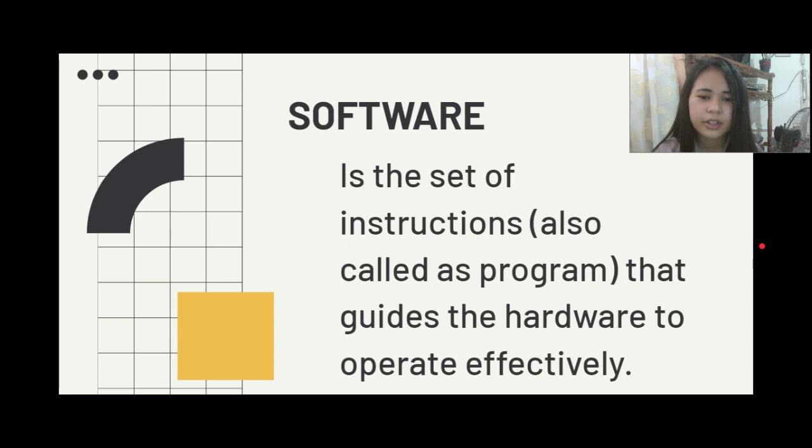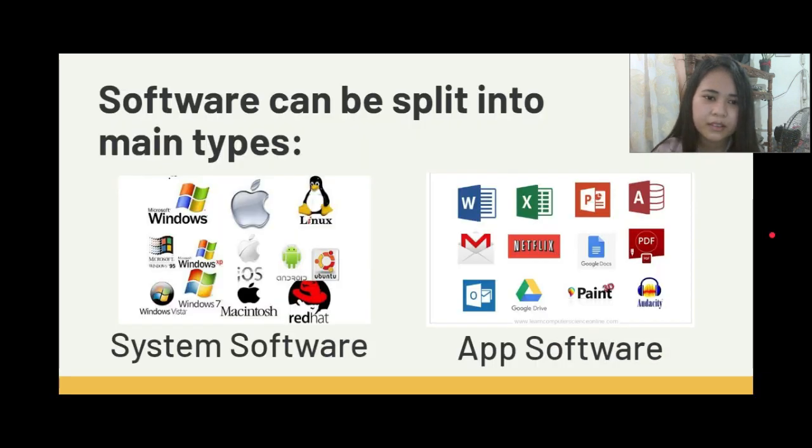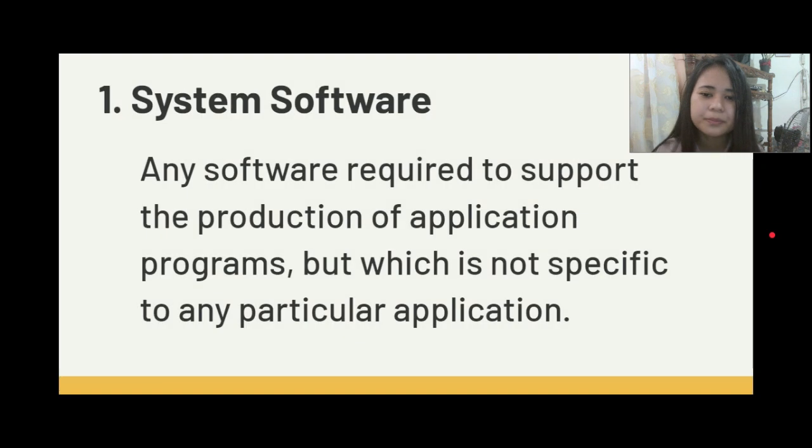So software is the set of instructions, also called a program, that guides the hardware to operate effectively. Software can be split into two main types: the system software and the application software.